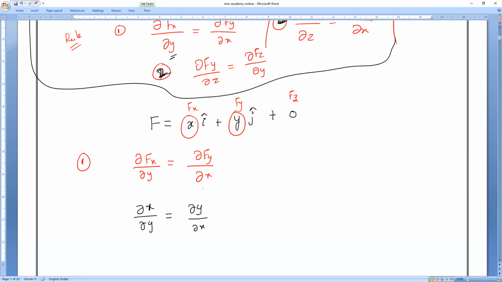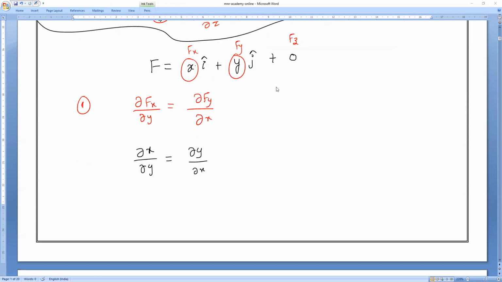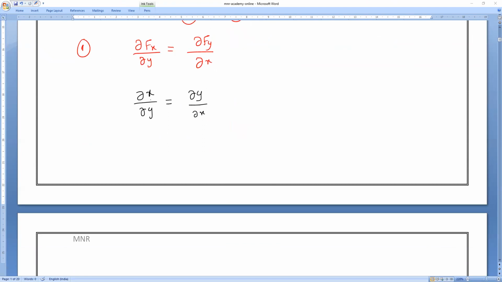Now tell me, with respect to y, what is the x value? There is no differentiation. Is it possible with respect to x to divide with y? Differentiation I have taught you. So x cannot be differentiated with respect to y, and y cannot be differentiated with respect to x, because only the same function can be differentiated.